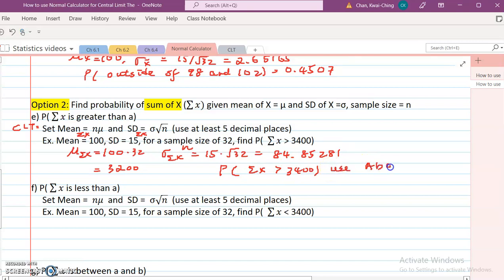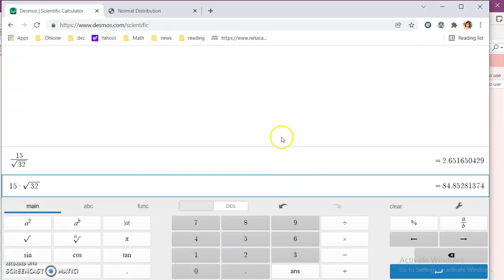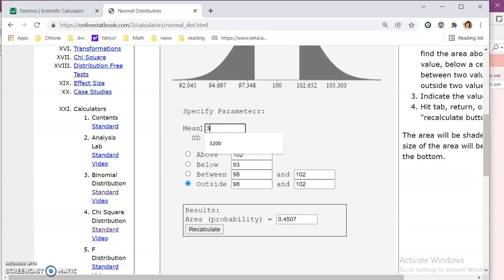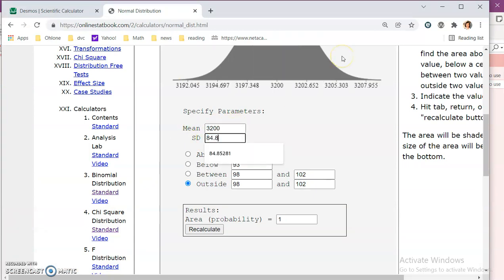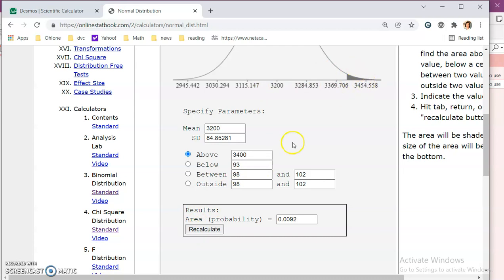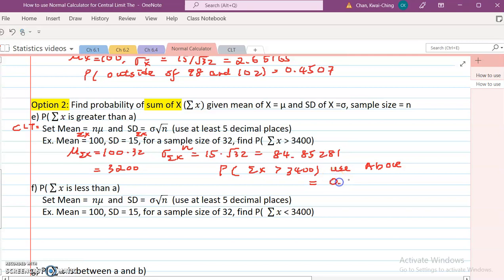For greater than, we use above. So set this up to 3,200 and 84.85281, and then I want above 3,400. I say recalculate. The chance is very small, 0.0092.